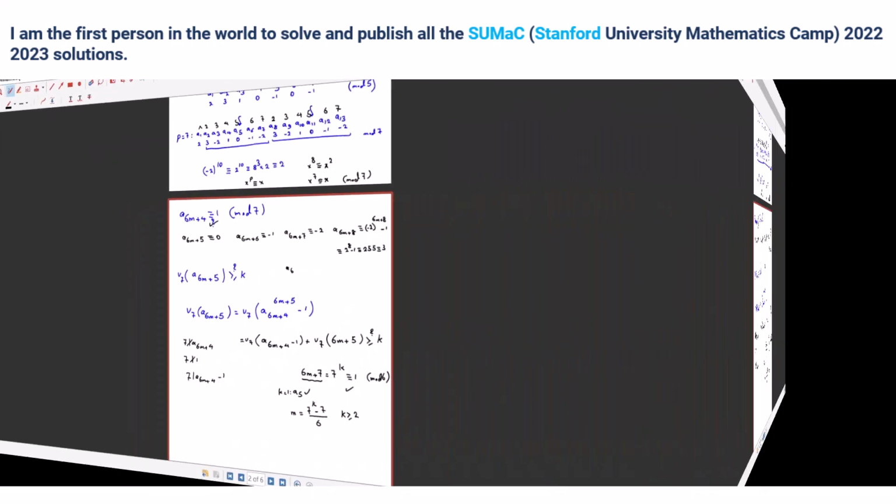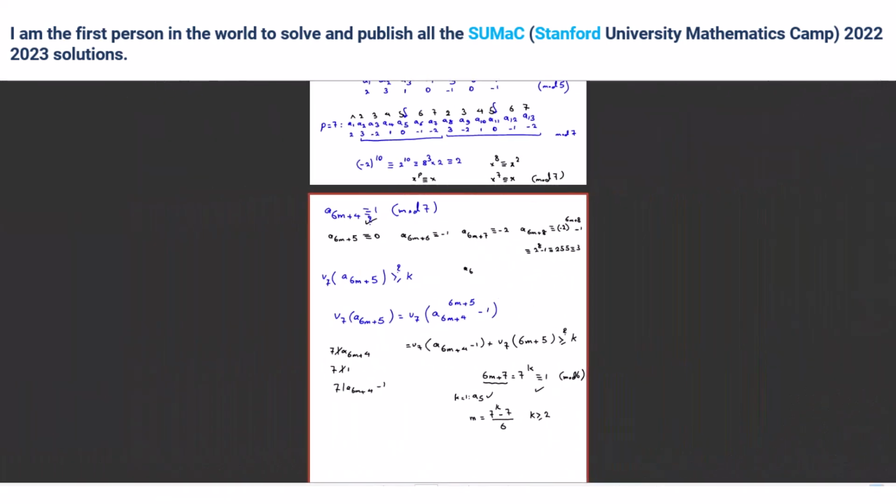Can I have a hint? Okay, sure. We found the idea in 5 and 7. We want to generalize it, okay? The first thing that we should try to find is the period, right? Yeah.